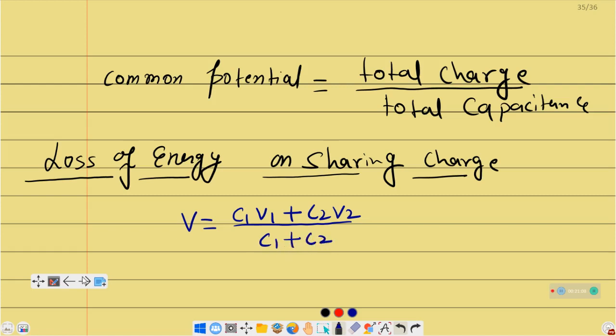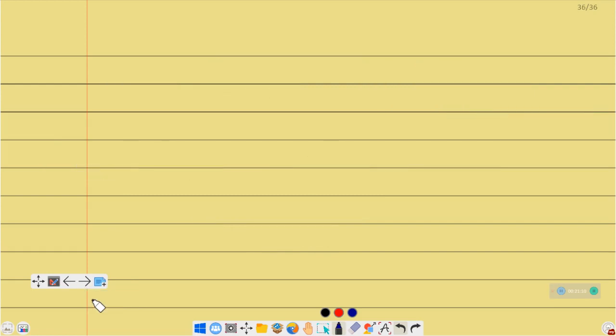If two bodies are connected with a conducting wire, the first energy is the energy before sharing the charge, and the second is the total energy after sharing the charge.